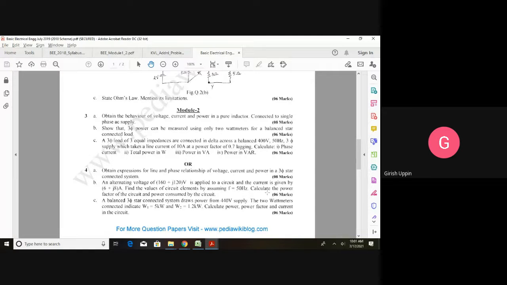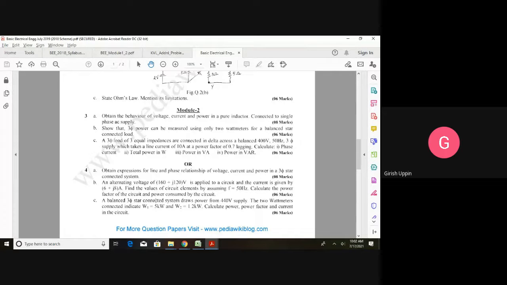What you have to calculate here is the power factor of the circuit and the power consumed by the circuit. Once you know the impedance, what is the power factor? Cos phi is the power factor, where phi is the angle between the voltage and the current.